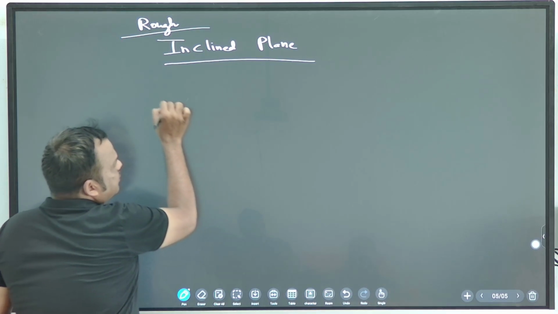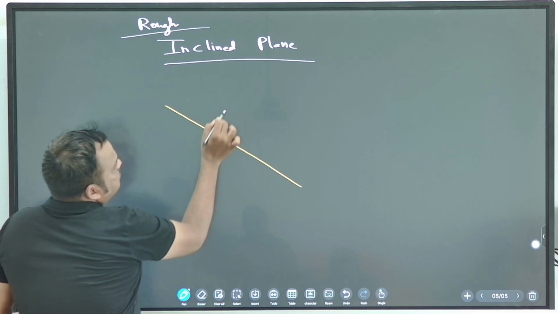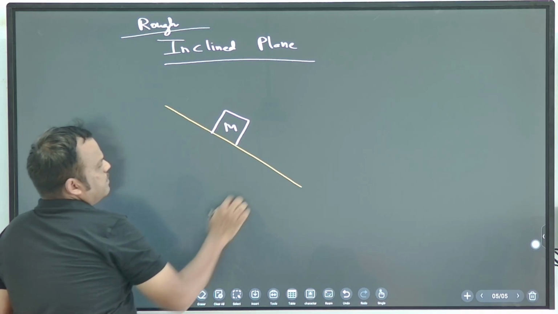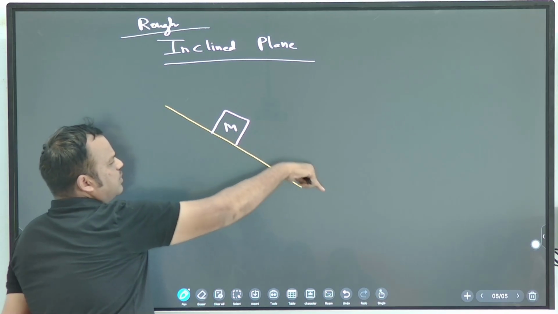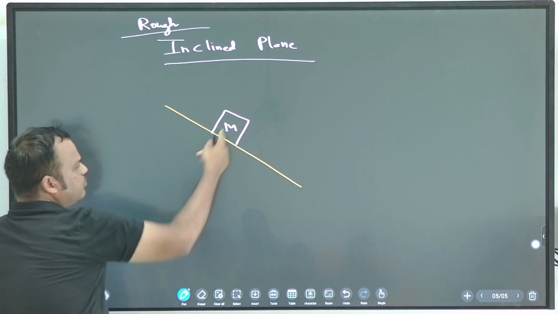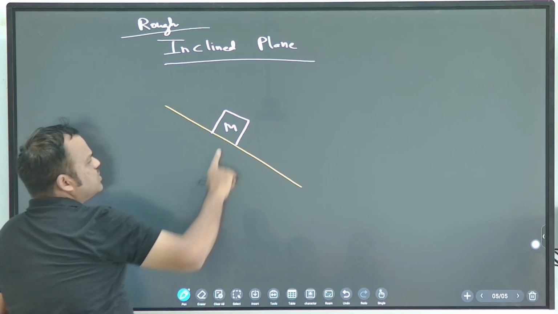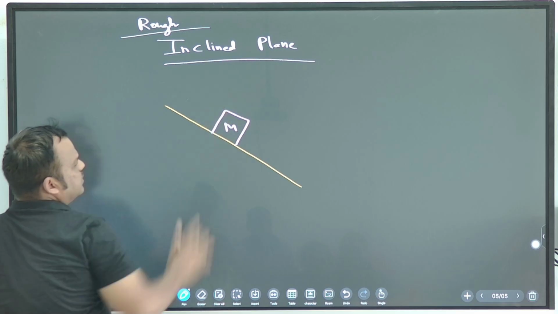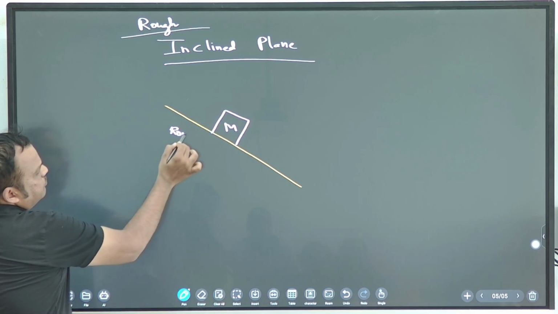Correct? That you already know. So suppose this is the block. Mass of the block is m. So what is the force down the plane? Mg sin theta and perpendicular to plane, mg cos theta. This is normal. Correct? Normal is there.